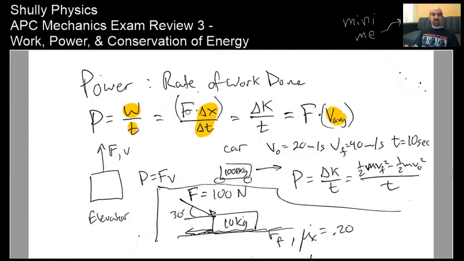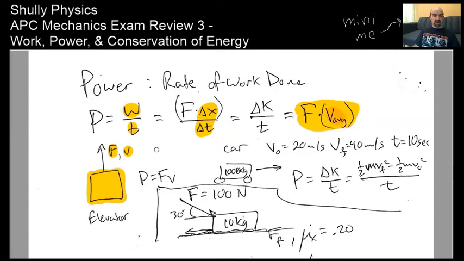So if there's a force being applied and let's say a constant velocity, a good example is an elevator. A constant force is applied to an elevator, but it doesn't accelerate because gravity is taking away the kinetic energy as it rises up. Then if you've got a constant velocity and a constant force, the power output is Fv, F times average velocity for that elevator.